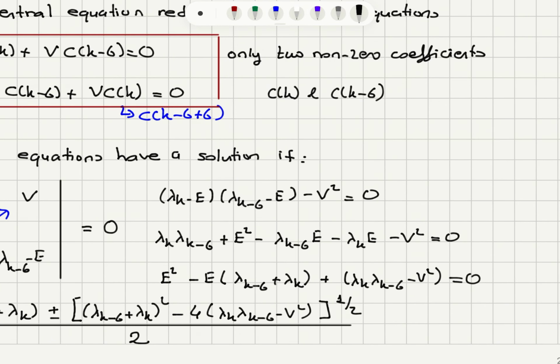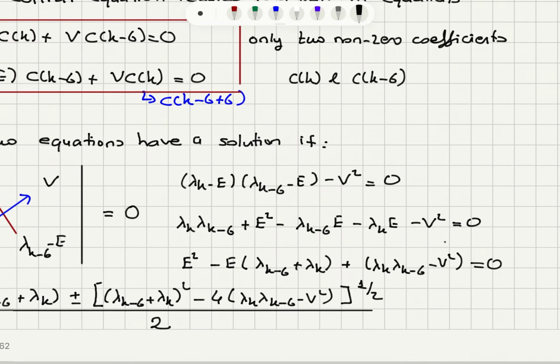If I expand it, this will be λ_k λ_{k−G}, first term, and then E², and then the cross terms will be −λ_k E and −λ_{k−G} E, and then −V² equals 0. If I put everything into energy parentheses: E² − E(λ_{k−G} + λ_k) + λ_k λ_{k−G} − V² equals 0.